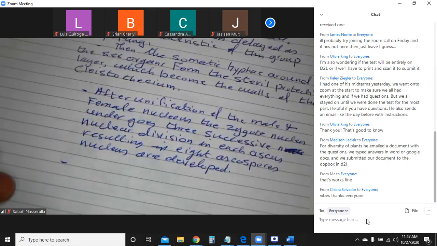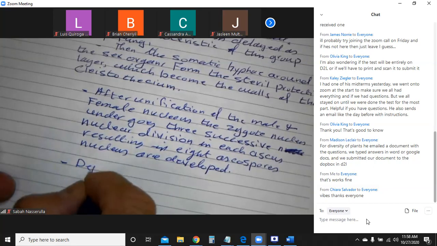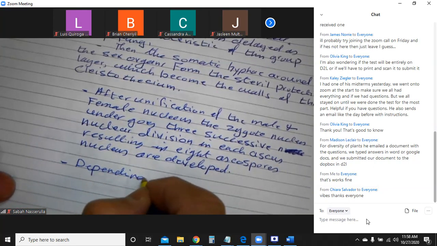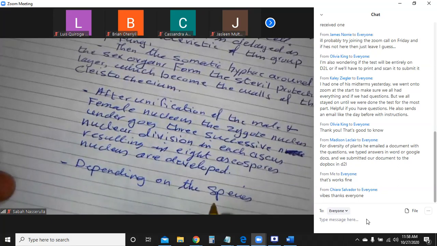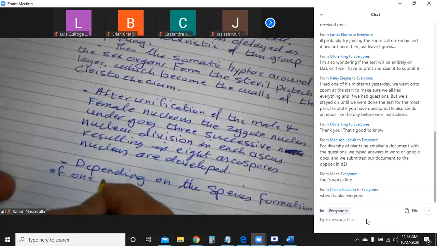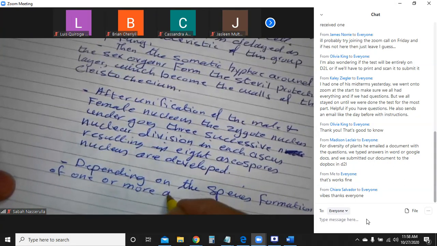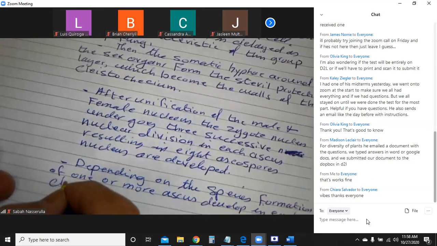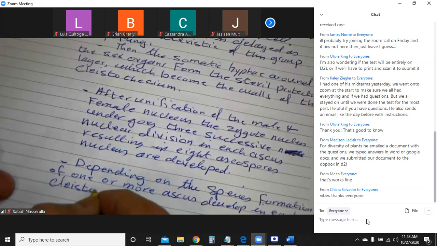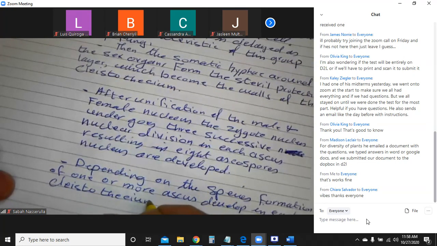So I'm going to mention this point here, depending on the species: formation of one or more asci developing in each clistothecium.